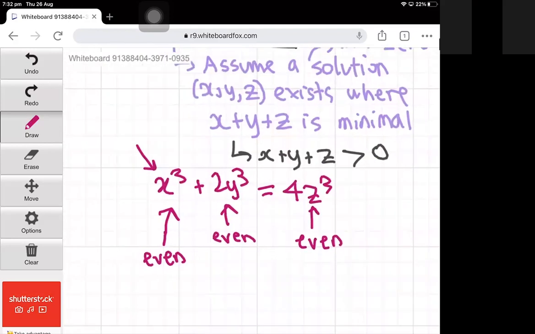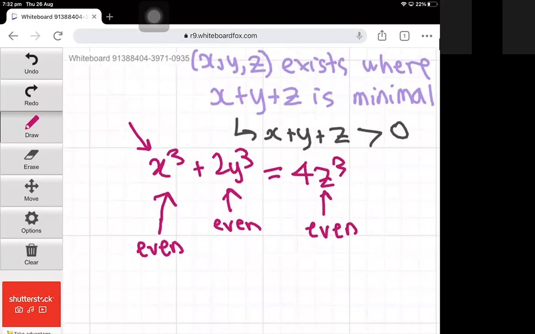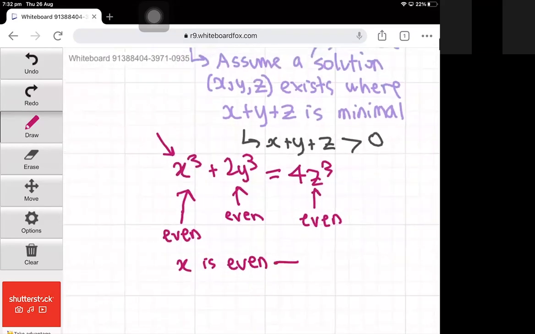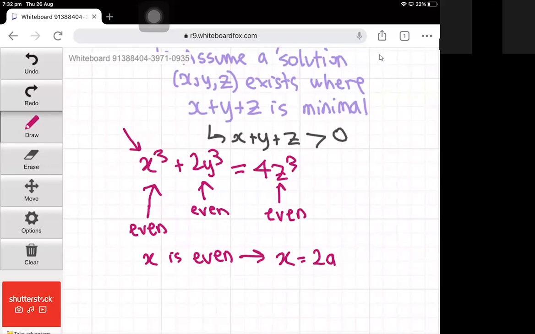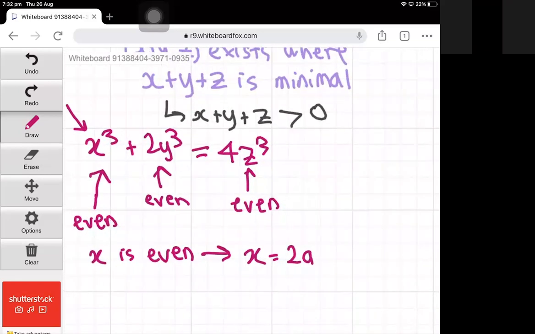Since x cubed is even, x can't be odd, because the cube of an odd number is still odd. So x itself must also be even. Since x is even, we can write x as 2a, where a is a non-negative integer.